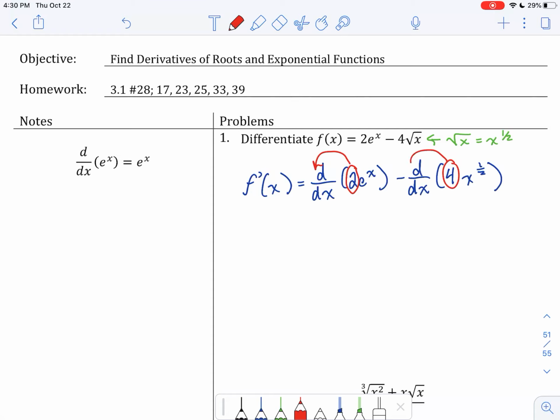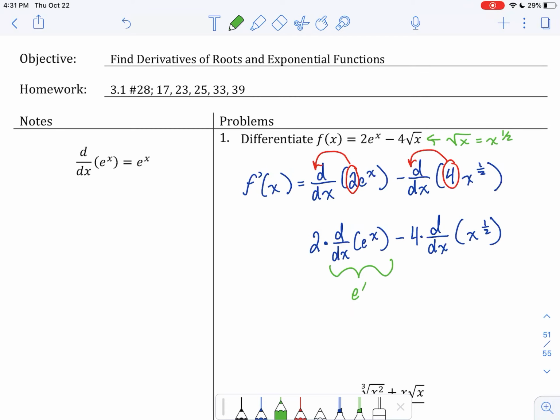We'll take our constants, our coefficients, out in front. So this becomes 2 times the derivative of e to the x minus 4 times the derivative of x to the 1/2. So e to the x, as we've just said, is always e to the x.